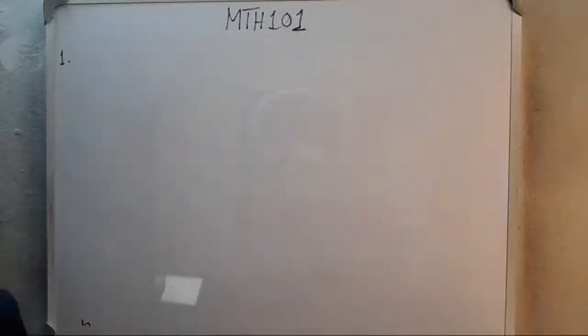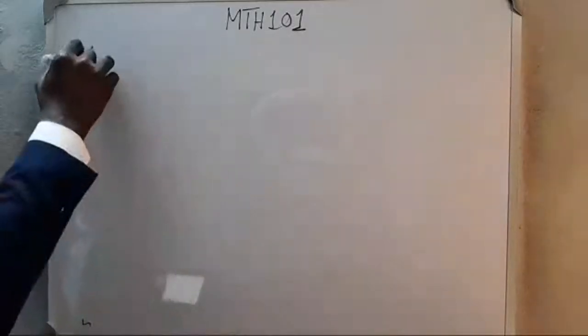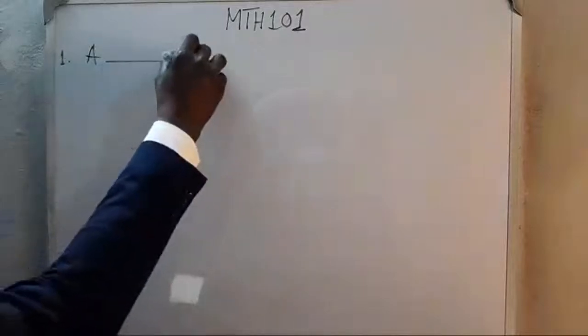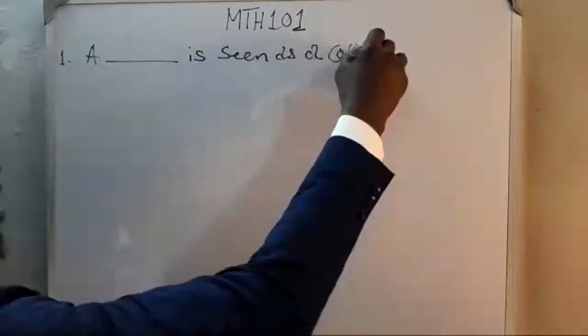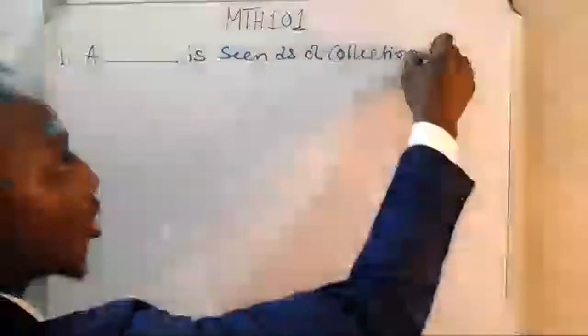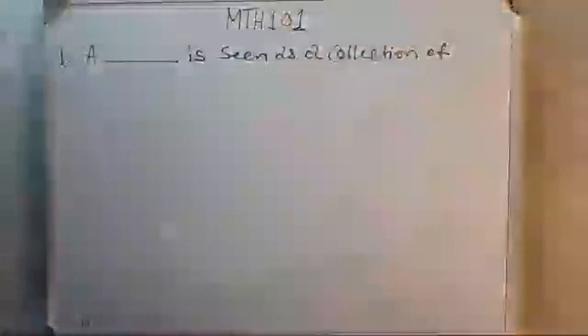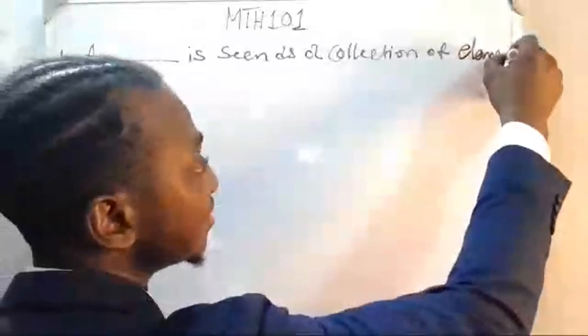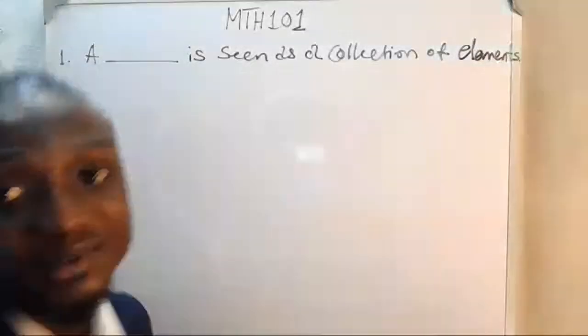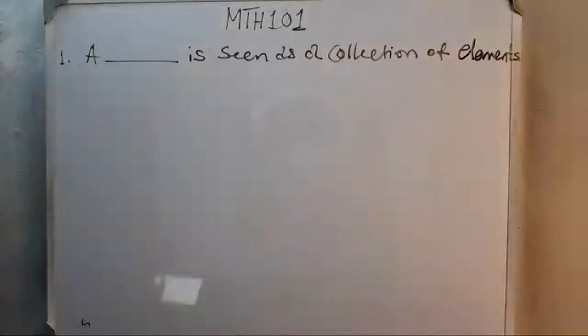So let me add the question on the board. A dash is seen as a collection of elements. Okay, so we have our question 1.